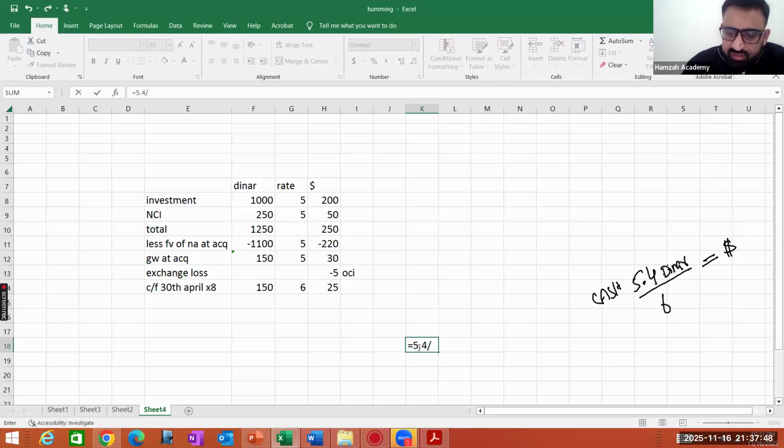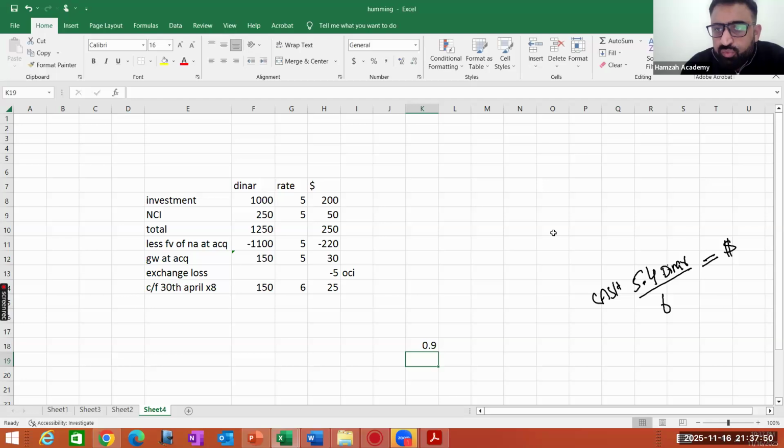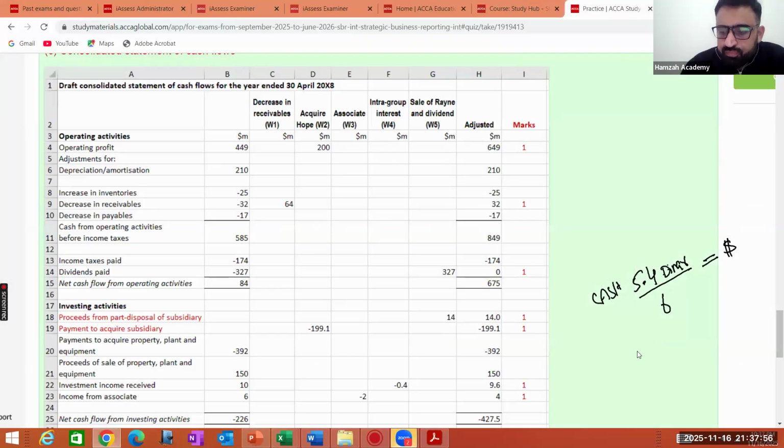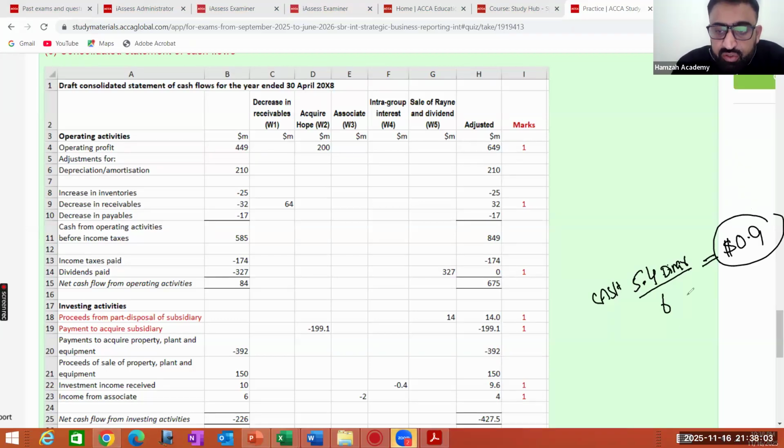5.4 divided by 6. It is 0.9. So 0.9 is the cash from the subsidiary. So you have paid 200 and you have 0.9 from the subsidiary. So your net outflow will be 199.1.